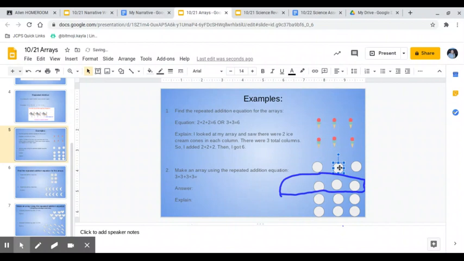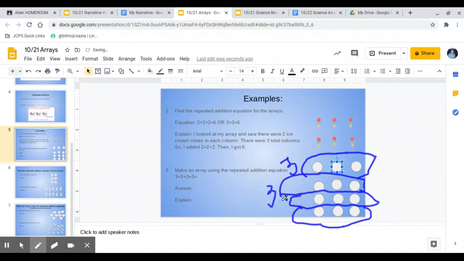Now, when I look at my array, I have 3 circles in each row. So notice how each row, remember your row is side by side, it's going left to right. I have 3. So as I can see, I have 3 over here. I have 3 here. 3 here. And 3 here. And that is the same answer as the other way I did it. I just did it with the rows instead of columns.